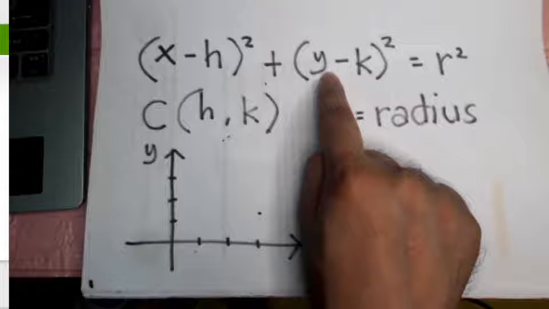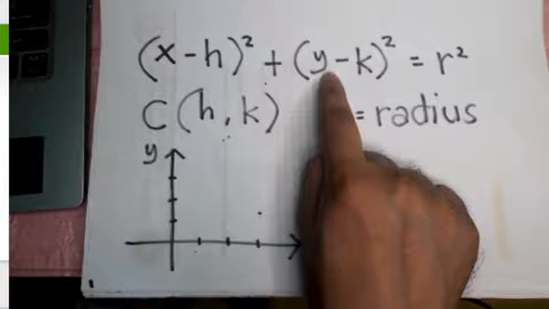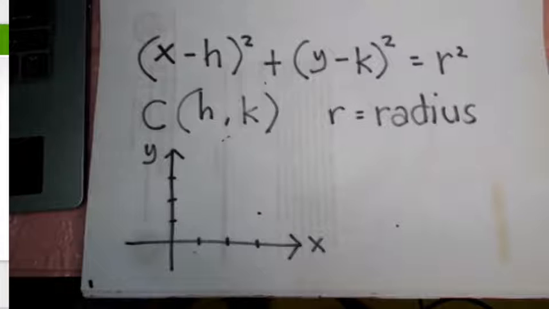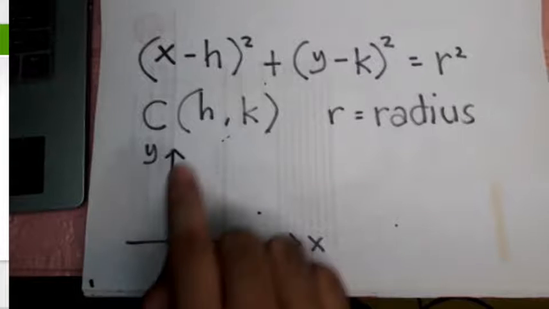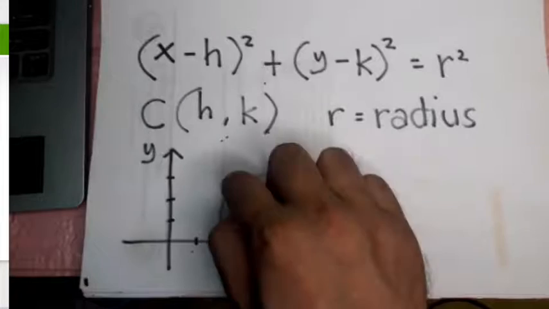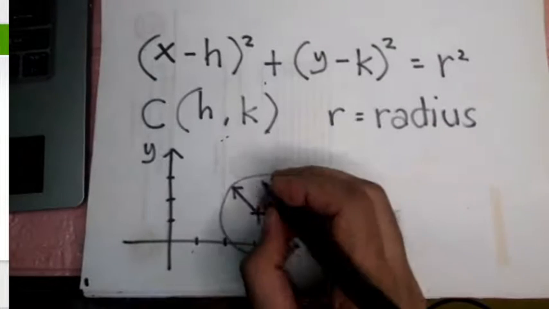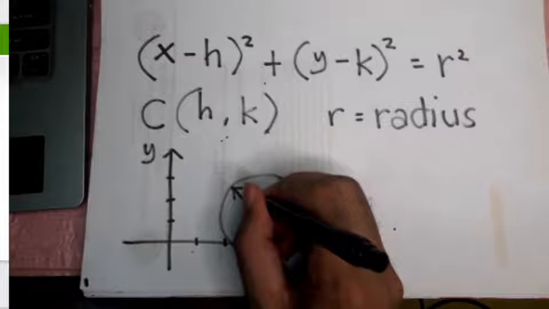Radius is the distance from the center to the curve, which is circular in form. So, from that center point to that curve, that is the radius. So, this is going to be R, radius.